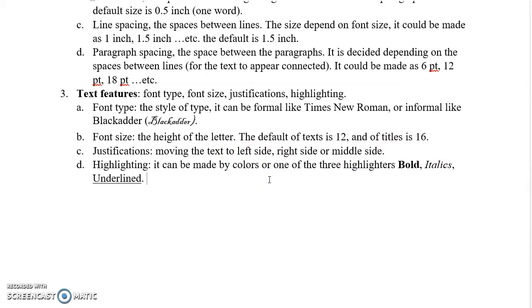Highlighting can be made by colors or by one of the three highlighters that we have, which are bold, italics, and underlined. I'll show you an example. Suppose that I want to make a highlight. Simply I will choose bold, italic, underlined. Here I can make a shadow for the color, and here I can choose a font color.